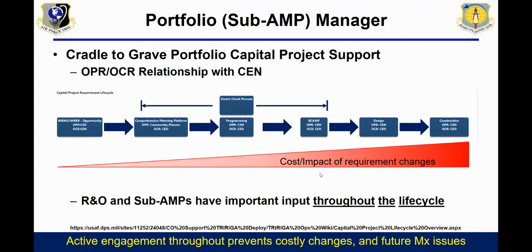There is impact. If you go to the BPL, there's an entire section that talks about how the sub-amp manager and R&O in general do have some impact. Now you have to pick and choose what is the juice worth the squeeze. But if you catch a maintenance issue, because that's the perspective you have from ops, earlier in the process, it's immensely easier to make a change than later on.